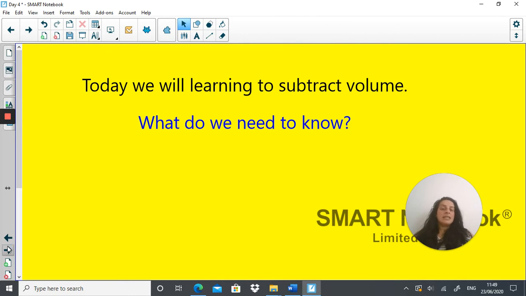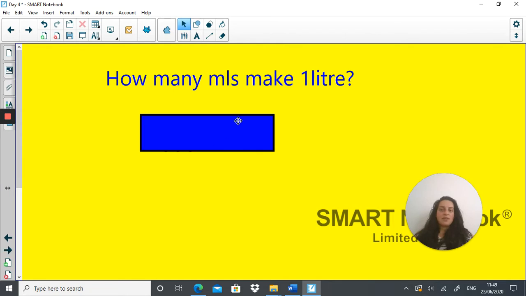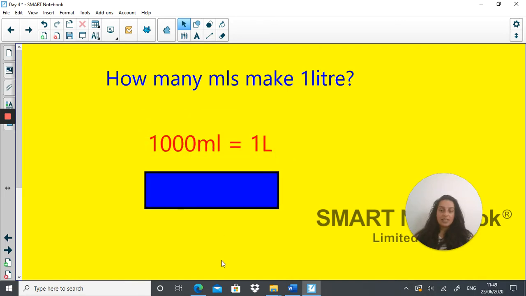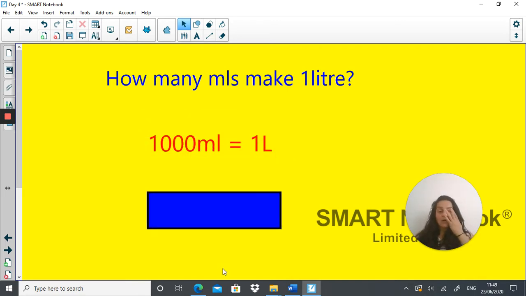So today we learn how to subtract volume. So what do we need to know? Think about what we need to know before we can subtract volume confidently. We need to know a few facts about volume. What are those facts? So one fact we need to know is how many millilitres make a litre. And you should all know this by now. 1,000 millilitres make 1 litre.